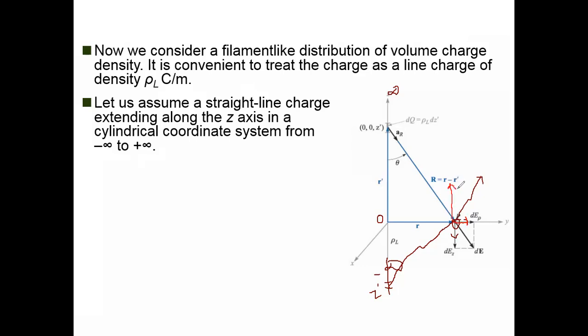So if you see very carefully, due to symmetry, because just above z dash I have taken the below z dash, the vertical components cancel out each other, and we are left only with the horizontal components.